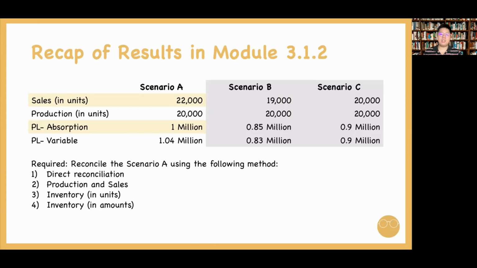In variable costing, there are four different methods that you should be aware of. The first is the direct reconciliation method. Second is using production and sales. Third is using the inventory per unit. And the last one is using the inventory in peso amount, or currency amount.